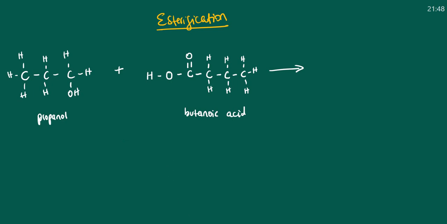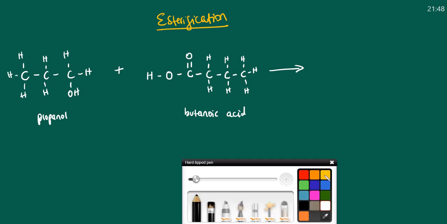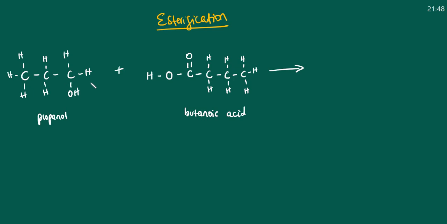Here, this should go, and this also should go, so that these two can attach to each other. Because we must have water as a product, we must remove H. We can remove this H, and then we can remove this OH there.